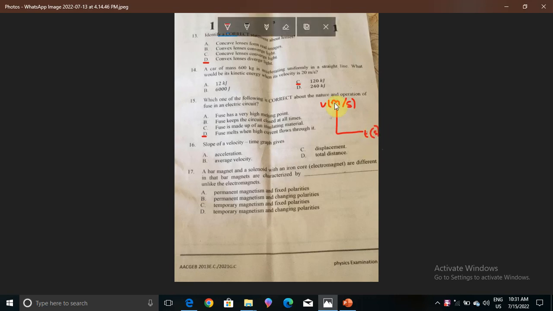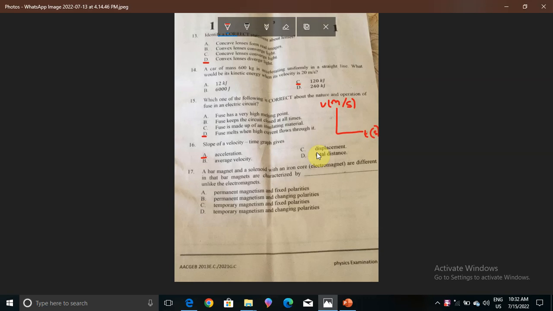After dividing it will be meter per second square, and this unit is the acceleration unit. So the correct answer for question number 16 is A, acceleration.